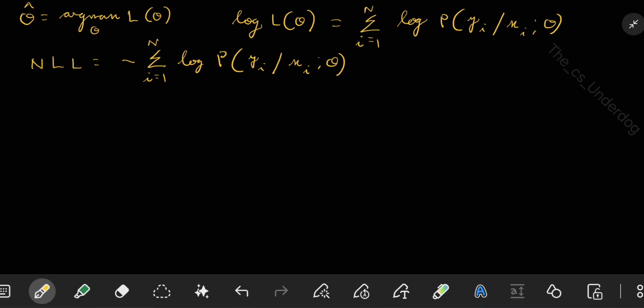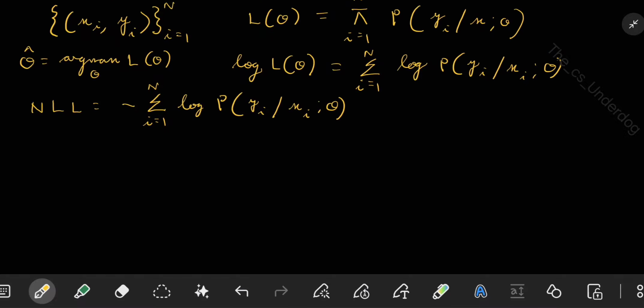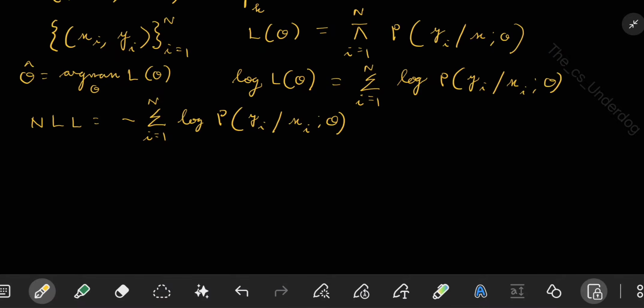What else do you want to find in order to solve this? You know all the parts except one part that we haven't clarified properly. Which is that one part? That one part is, what is this value, probability of yi given xi theta? What is this particular value?